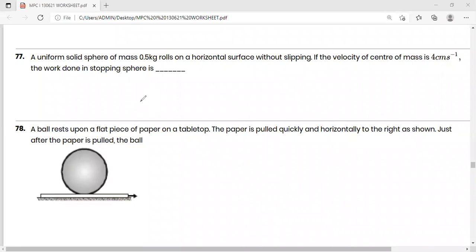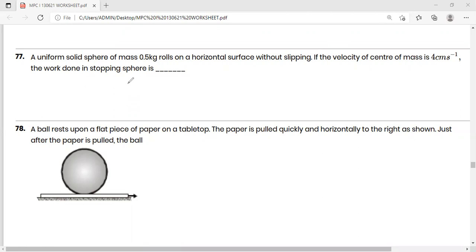Question number 77. A uniform solid sphere of mass 0.5 kg rolls on a horizontal surface without slipping. If the velocity of center of mass is 4 centimeter per second, the work done in stopping the sphere. When it is moving with some velocity, first of all, you better calculate the kinetic energy.